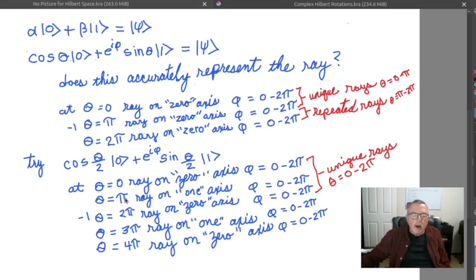Between pi and 2 pi, do we have unique rays there? Between 0 and 2 pi? Yeah, that's correct, because it's actually pi over 2 to pi. See, that's where the unique rays were up here. Now, what about, oh wait, we've done it. We've done it. 0 to 2 pi, we have unique rays.